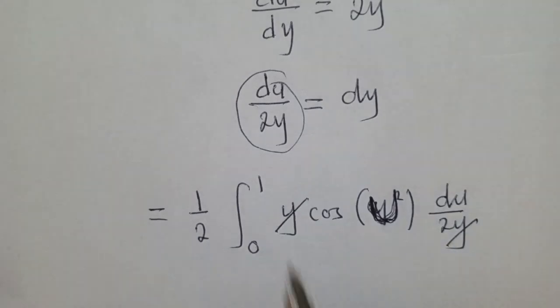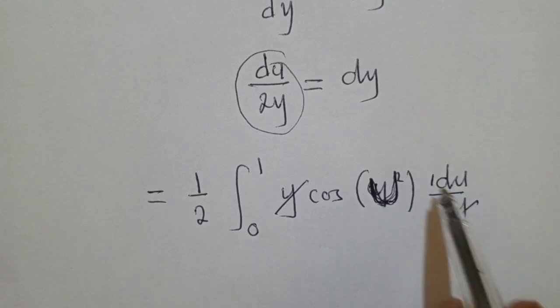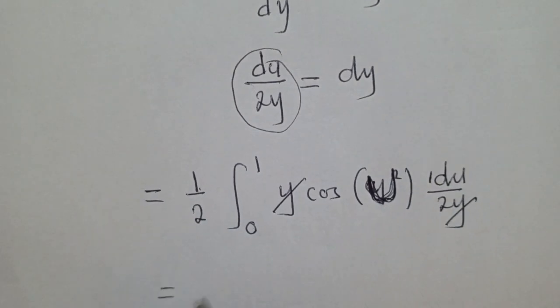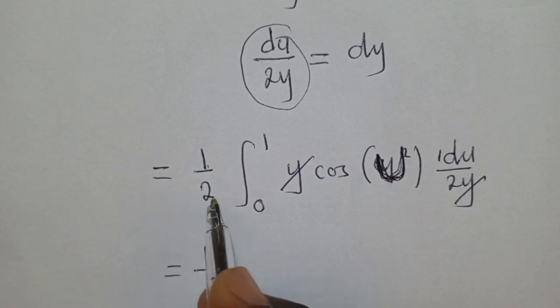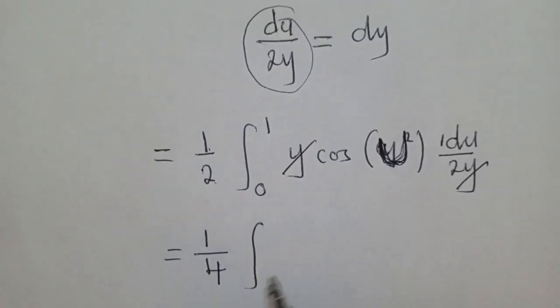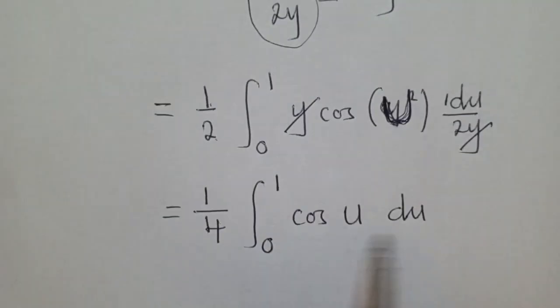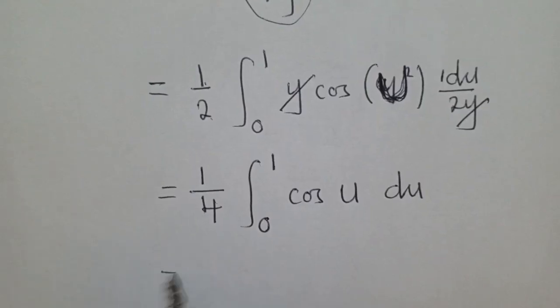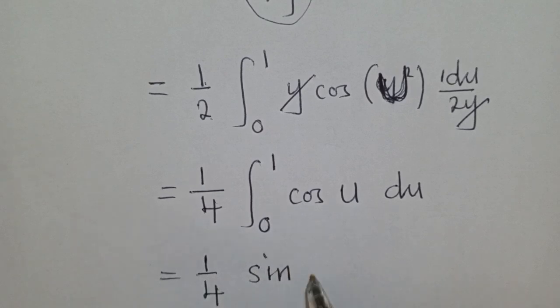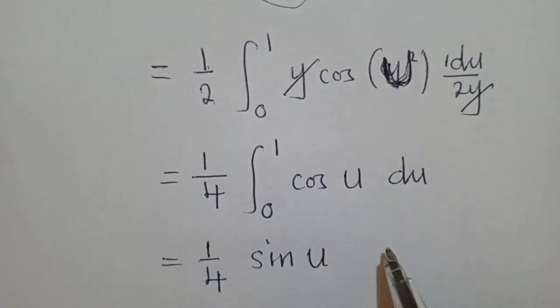This y and this y will cancel. There is a 1 over 2 here, so 1 times 1 is 1, over 2 times 2 is 4. And then we have the integral with limits from 0 to 1 of cos u du. So we can now integrate: we shall say 1 over 4 sine u, because the integral of cos u is sine u.